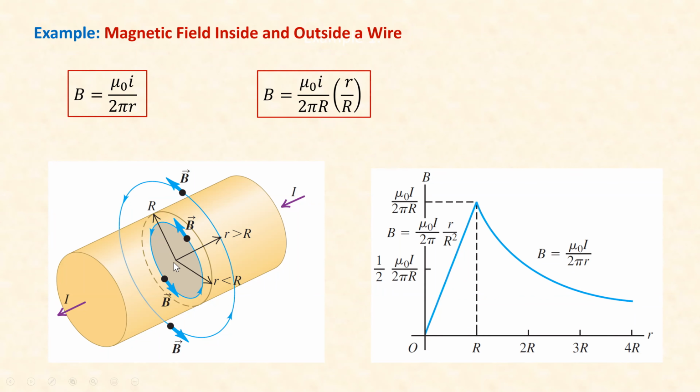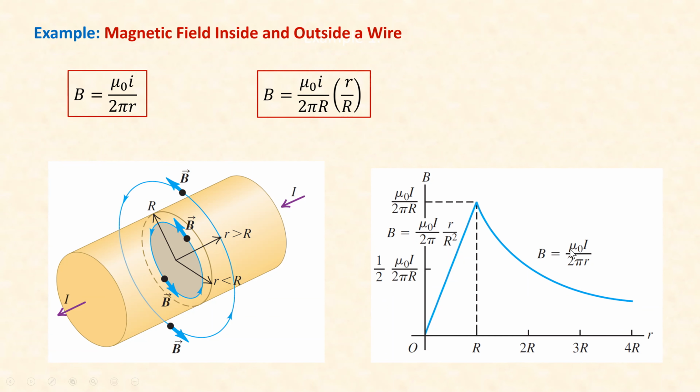But what is the magnitude of it? The magnitude outside changes by 1 over r, inside changes by r like that. So from 0 to R, you see it changes linearly from 0 to the value at the surface.